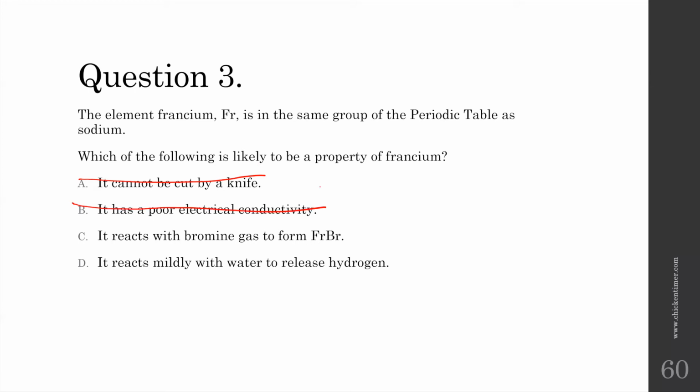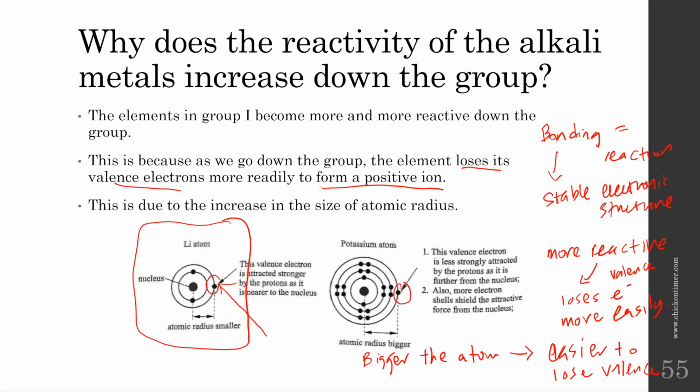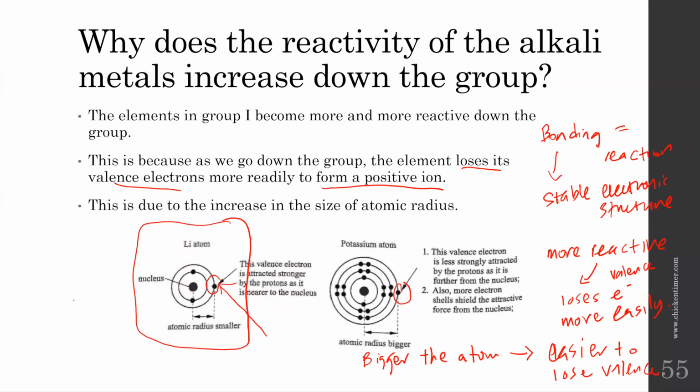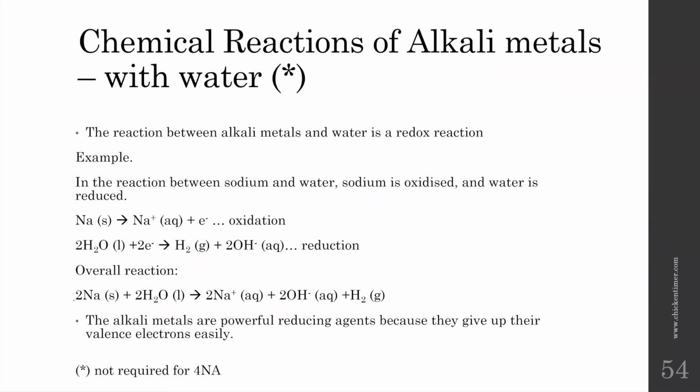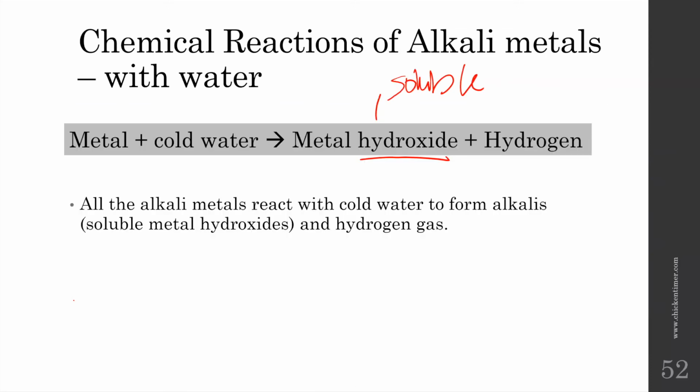So then we go back, then we have C and D, which are the chemical properties. Okay, so we revisit C and D. We go back to the chemical properties again. So the reactivity is high when you go down the group. You see, francium is here. Then the kind of chemical reaction it has is this one: it reacts with cold water to form metal hydroxide and hydrogen gas.